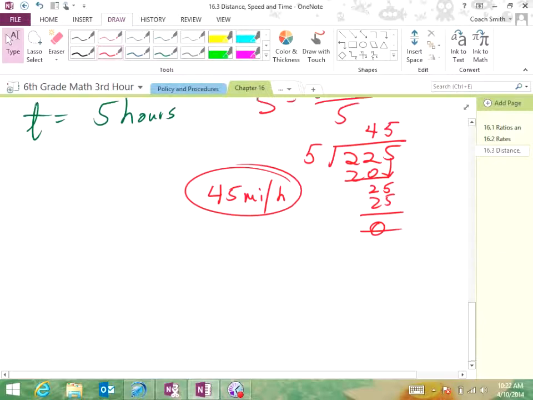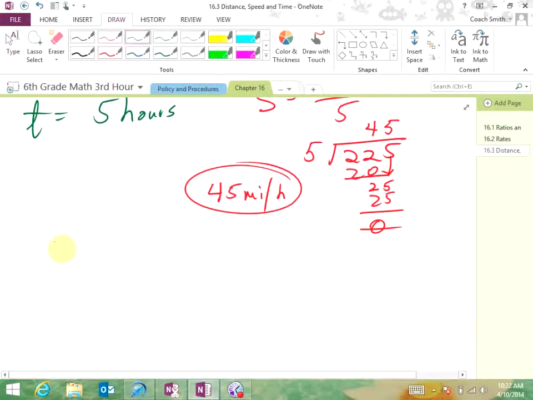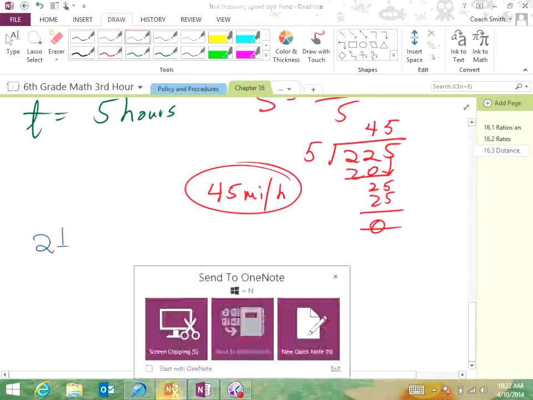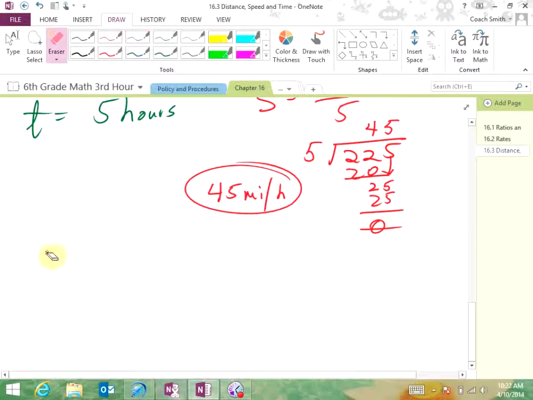Number 12 says, I travel, where'd it go? There it is. I have speed is equal to 2.5 feet per second, and my distance is 1 mile, and I'm looking for time.